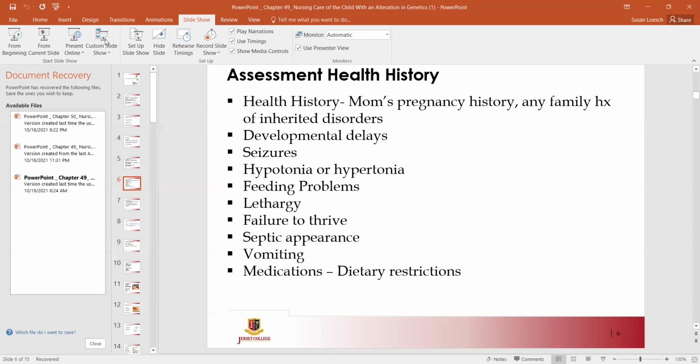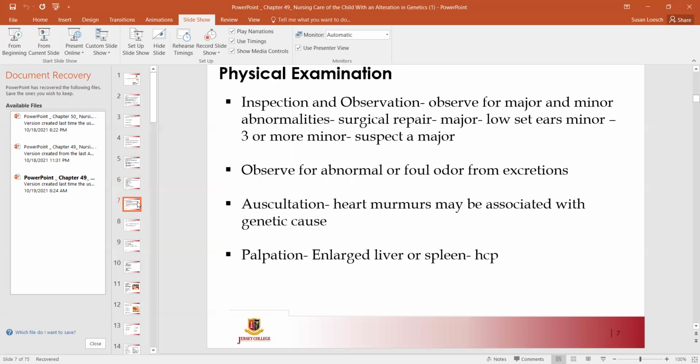When you're doing that health history, you want to ask specific questions about when the client was diagnosed, developmental delays, any complications of the disorder like thyroid issues, cardiac issues, respiratory problems, seizures, what medications the child takes for complications associated with the disorder, any dietary restrictions, and any compliance with managing the regimen. So once we have identified the complications, then we can investigate further and manage the care of the child that is admitted.